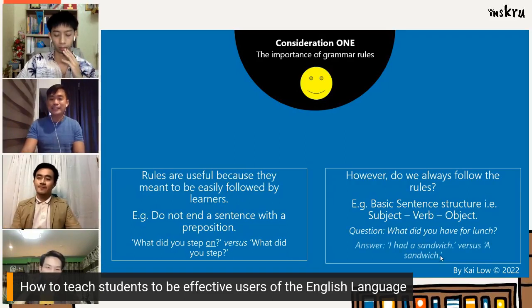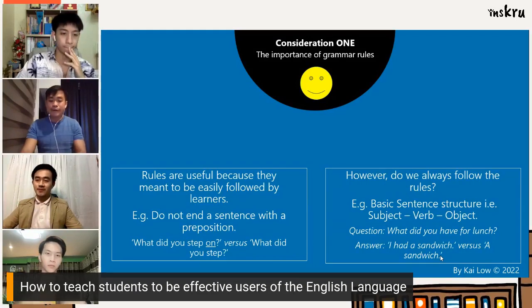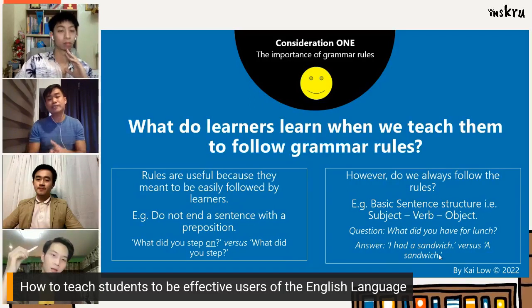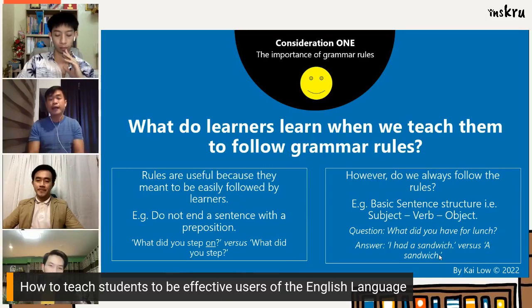Do you always say, I had a sandwich? Or do you sometimes simply say, a sandwich? The point that I want to make is this. Rules certainly are very important, but is it always true that rules cannot be bent or even broken? And when we teach our students to just follow the rules, then fundamentally, what do they learn and what do they not get to learn?